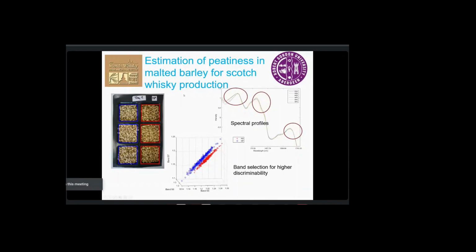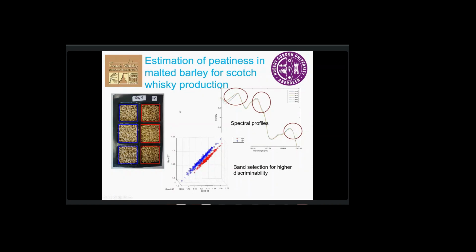When the barley was malted, the whole process affects a chemical compound called phenol, or phenol level concentration. So traditionally, they need to send the samples to the wet lab for analysis that takes roughly 1 week or even longer. And they would really want a more efficient process.